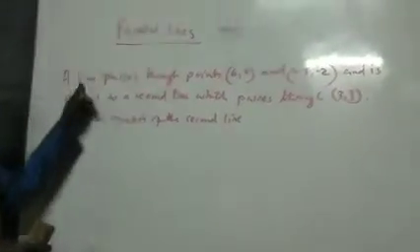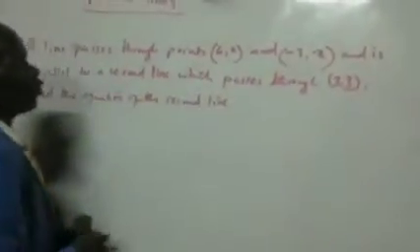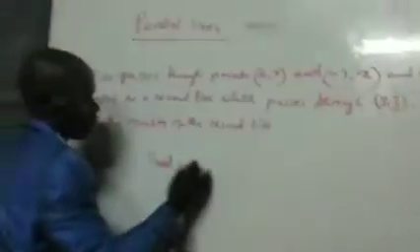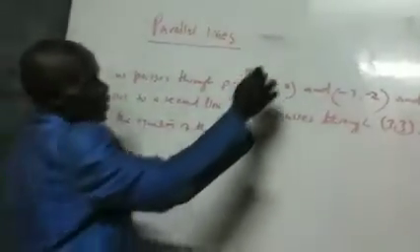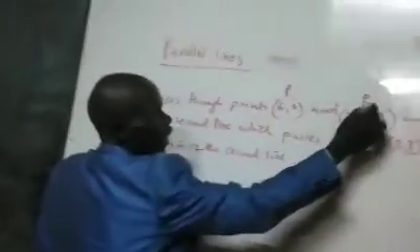So we are given the points through which the first line passes. A line passes through point 6, 0, and negative 3, negative 2. So, very first what you get there is the gradient of the first line. That is line 1. We declare this point to be our P1 and this is our P2, from which you get y2, x2, y1, x1.